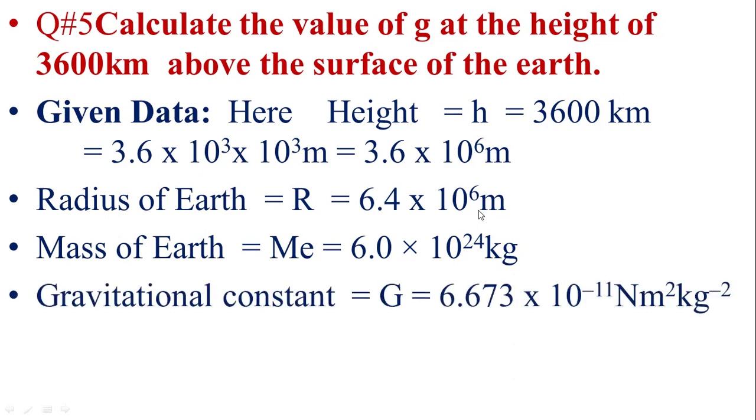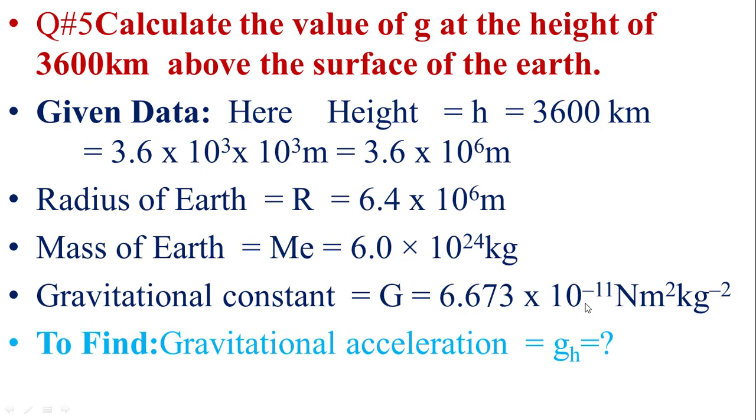Gravitational constant, so capital G is equal to 6.673 multiplied by 10 raised to power minus 11 Newton meter square per kg square. And to find the gravitational acceleration at height h, it is denoted by gh is equal to question mark.